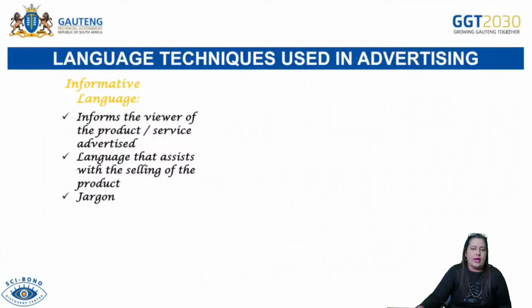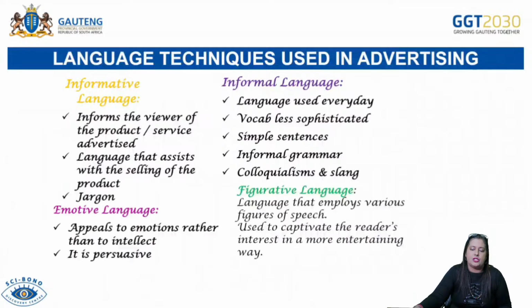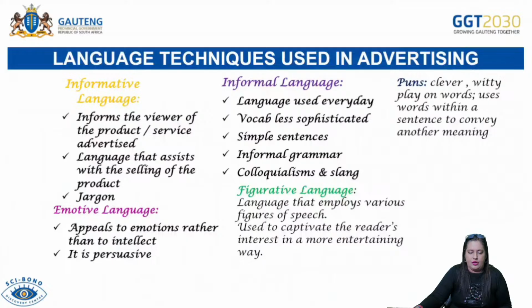Now you've got also aspects of language being used. Now I'm going to put them all together so we can just go through them all together, right? So informal language is very much the language that we're using every day. So that would be vocab or words that are not so sophisticated. It's simple sentences, short sentences that get us immediately attracted, all right?